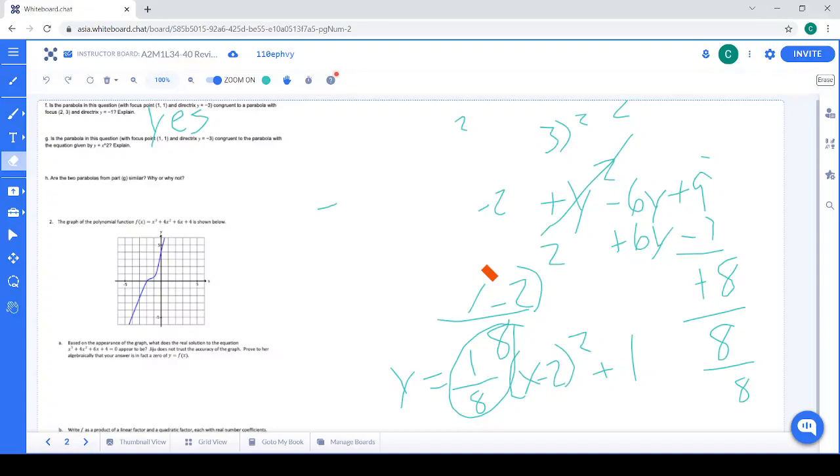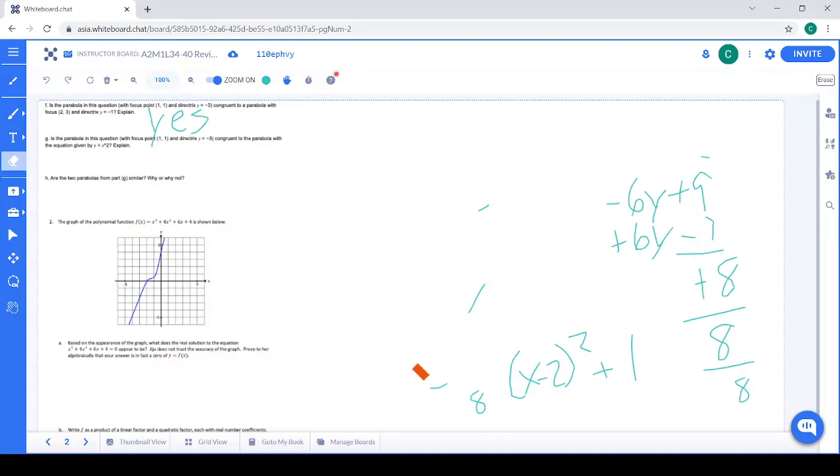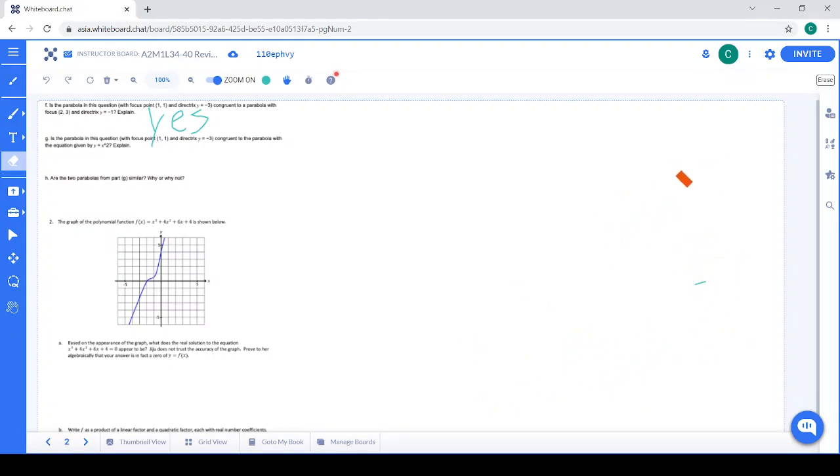But let's check our first thing. Is it the same distance? Well, if we look at the given equation of y equals x squared, is it the same? Well, no, it's not. Why?